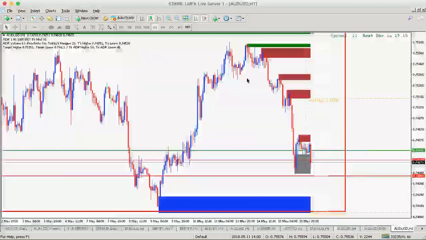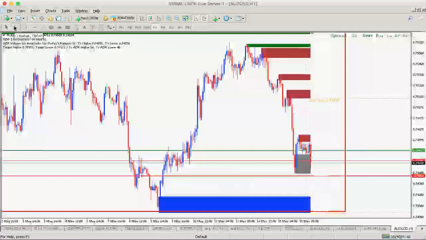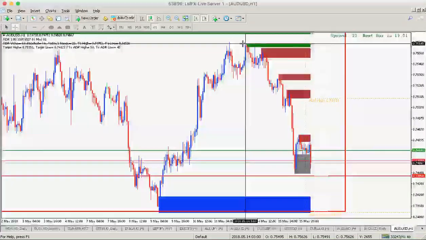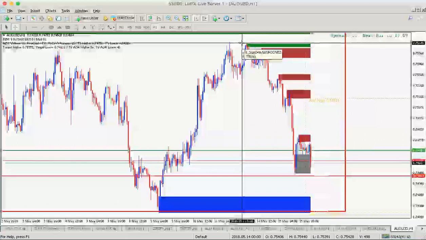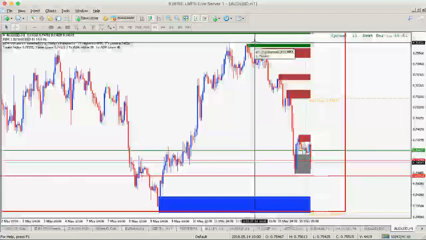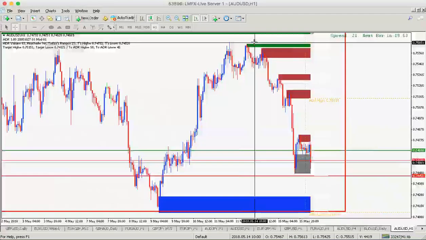It's simple for the fact that the beginning of the week started, what's today? The 15th? So like yesterday, where's my 10 o'clock candle? Boom, London. London open right here.